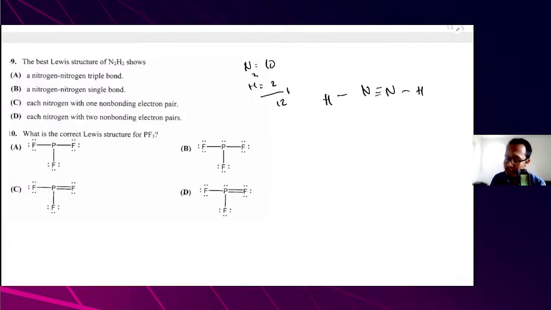Okay, it's already 8. So if we are using kind of a single bond.